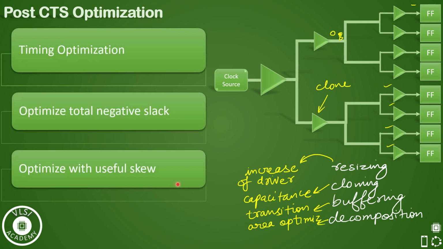So these are the timing related goals that the tool will try to achieve during post CTS optimization. That is, timing optimization means optimizing the WNS, then optimizing the total negative slack, that is TNS, and for all the timing critical paths which are still not able to meet, we will use the useful skew concept, and we will try to optimize the overall timing with the useful skew.